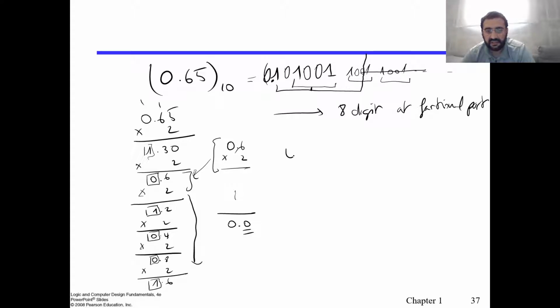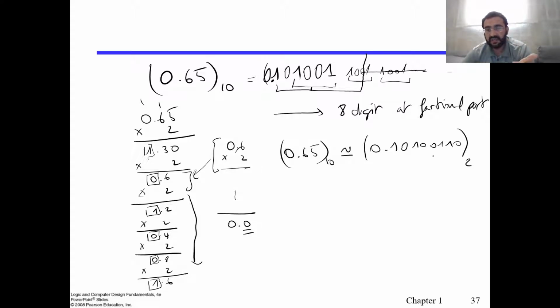So we'll write that 0.65 in base 10 is approximately 0.10100110. Okay, there's still a 0. We do not need to write it, but it's there. So this is the approximation using 8 digits.